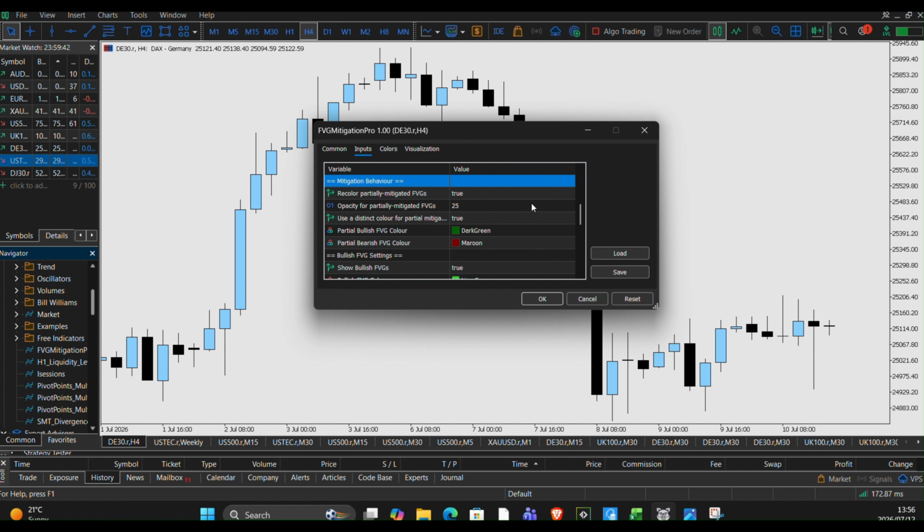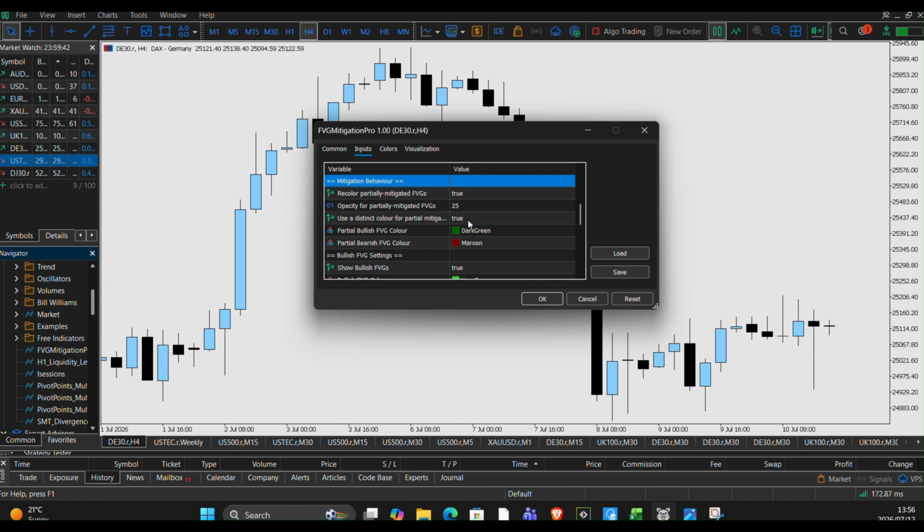And now we go down to mitigation behavior. This is a tool that I've built into the indicator that recolors partially mitigated fair value gaps. Effectively, these are fair value gaps that have been traded back into, but not fully traded 100%. For example, if you're looking for a move towards the midpoint of the fair value gap and then a close back outside of it, that would be a partial mitigation.